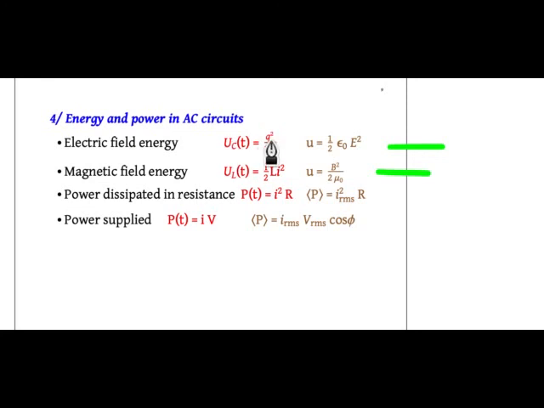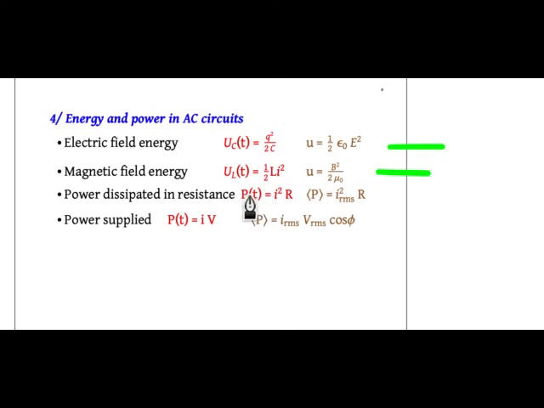So the charge is alternating in time, the current is alternating in time, the power dissipated is alternating in time. So we often will be interested in the average power.